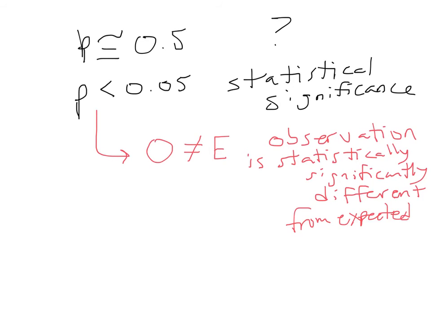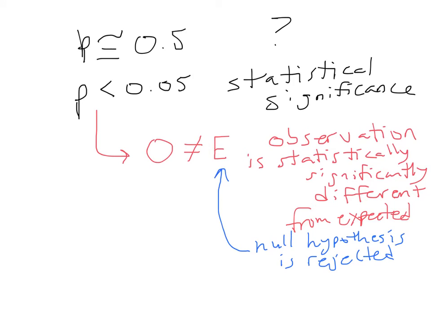Yet another common way to say this is that the null hypothesis is rejected. Again, just another way of saying that the expected values of the null hypothesis do not match what we've actually observed, the data that we've collected.